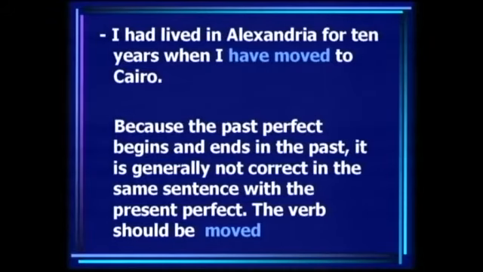So the second verb should be in the past simple. I say, I had lived in Alexandria for 10 years when I moved to Cairo. I had been living in Alexandria for 10 years, the 10 years ended, and then I moved to Cairo.